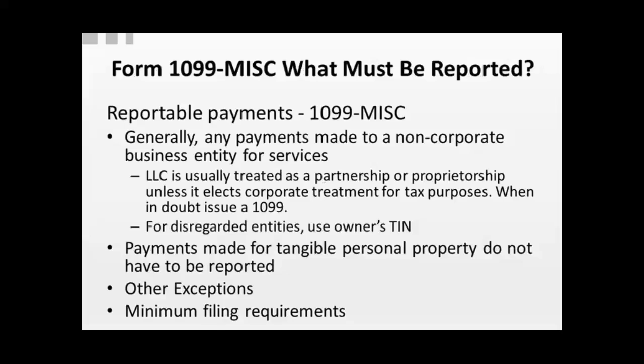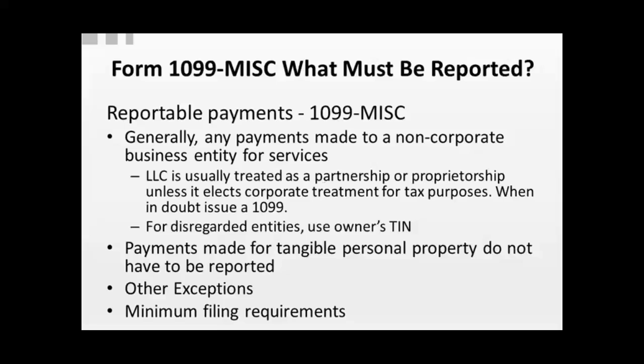For disregarded entities, you're going to use the owner's taxpayer identification number, and of course, as the reporting entity, it's whatever kind of entity that its single member owner is. So if it's an individual, you would use that person's social security number, or if it's a sole proprietor, they might have an employer identification number, and that would be the sole proprietor's identification number, not the LLC's identification number and name that's getting the 1099.